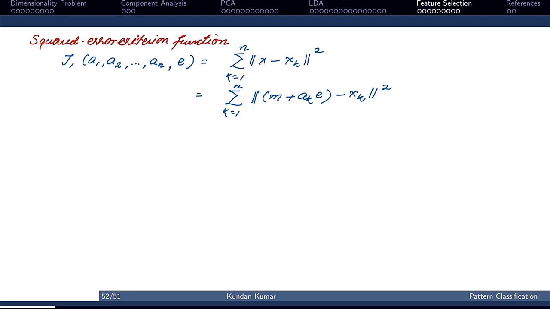Now just rearrange the terms: ak e minus (xk minus m). Now we can compute the square of the given terms.